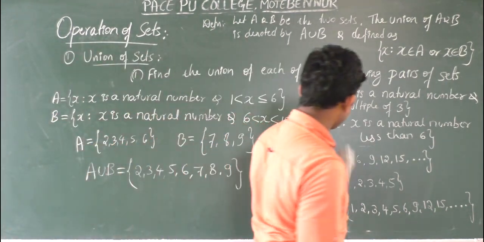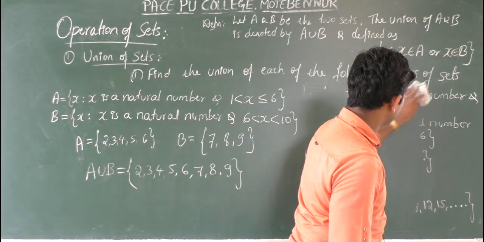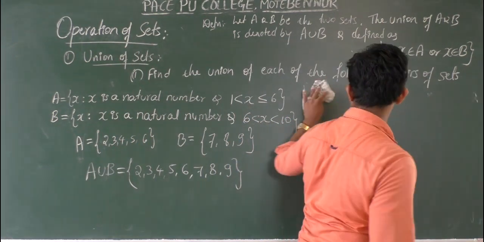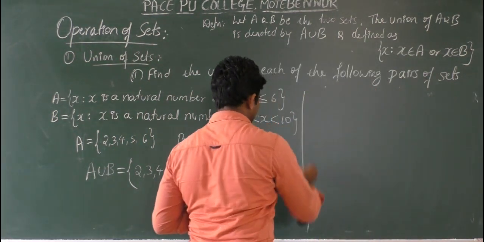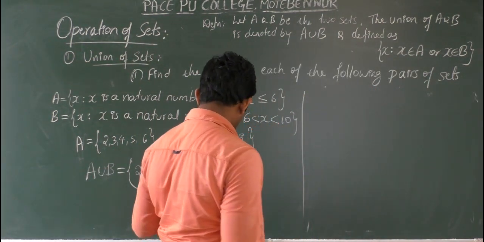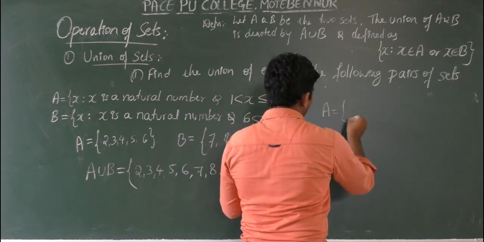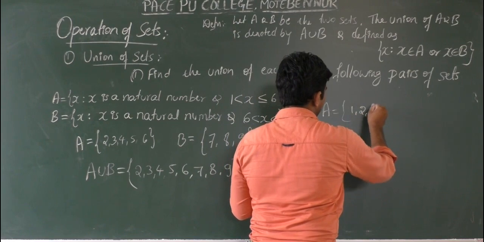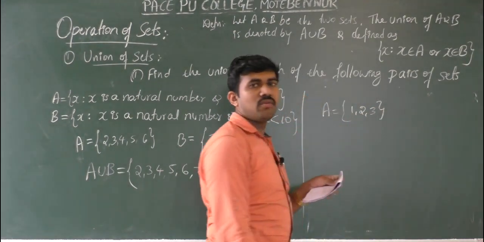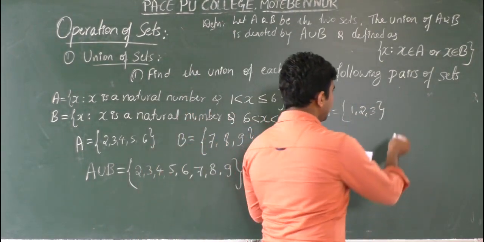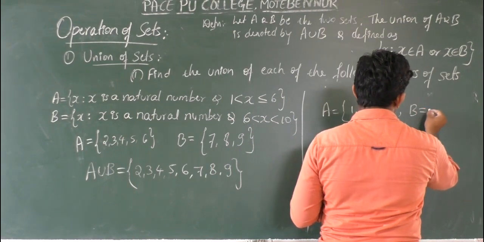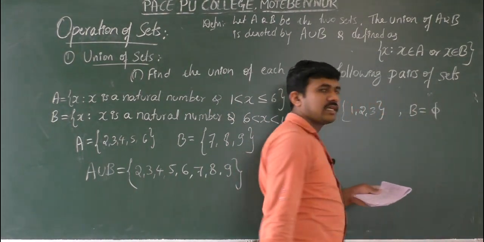Now the next question is, A is equal to the set of all 1, 2, 3, and B is equal to phi, the empty set. Right?